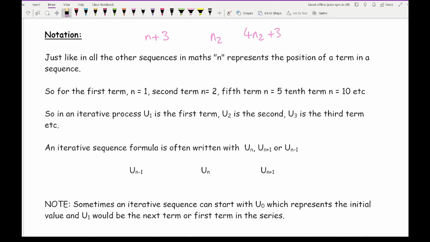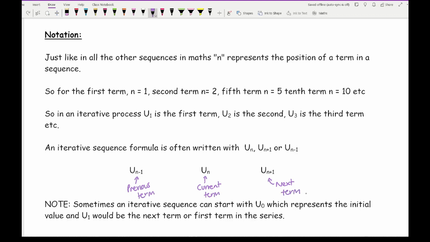So that's why we tend to use this notation instead. Now, if un is the current term, then un minus 1 is the previous term, and un plus 1 is the next term.